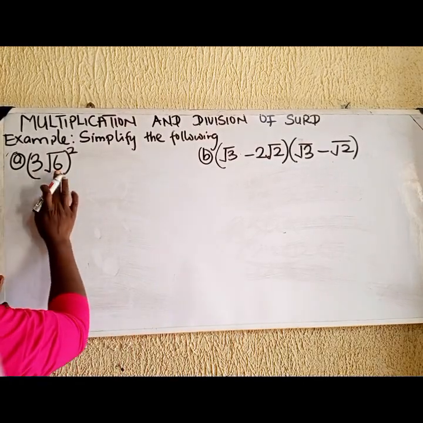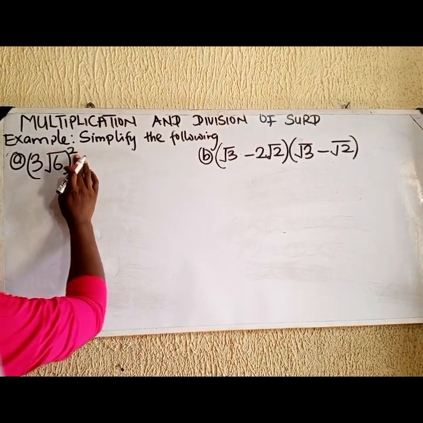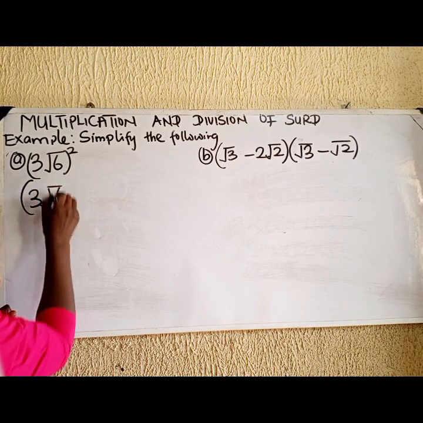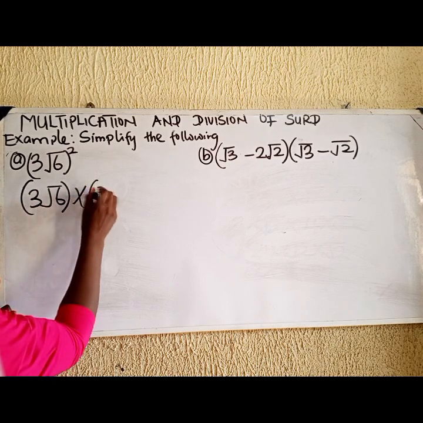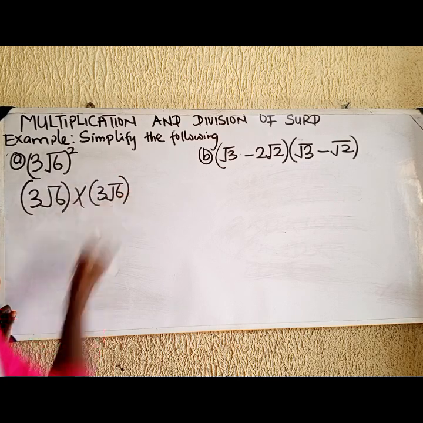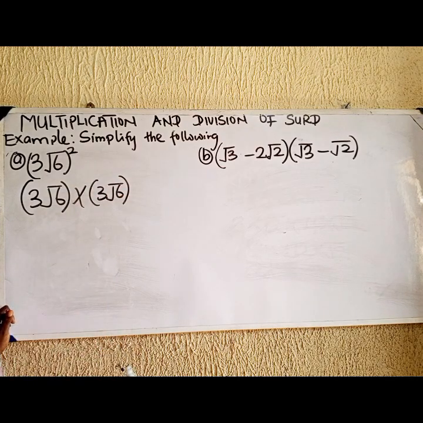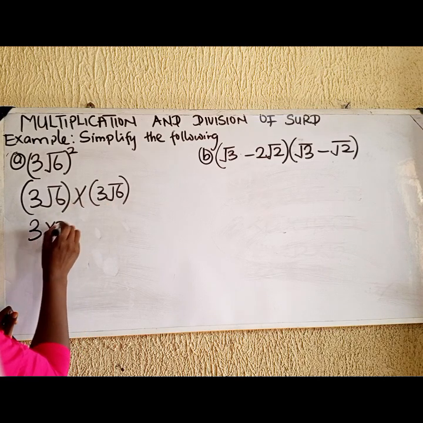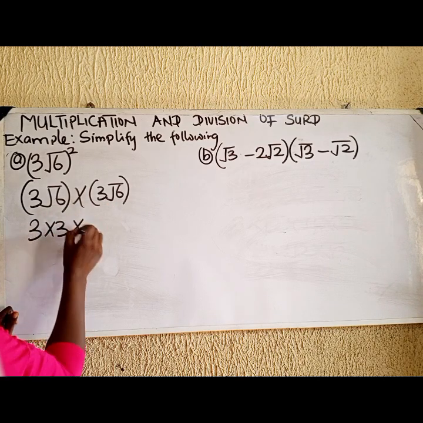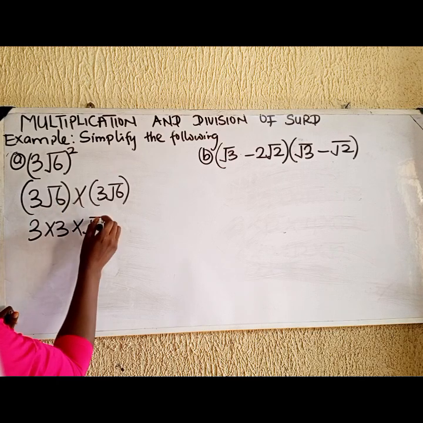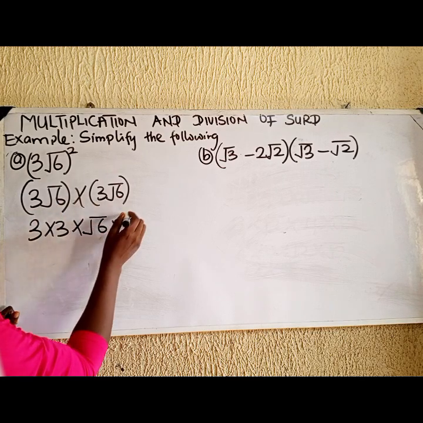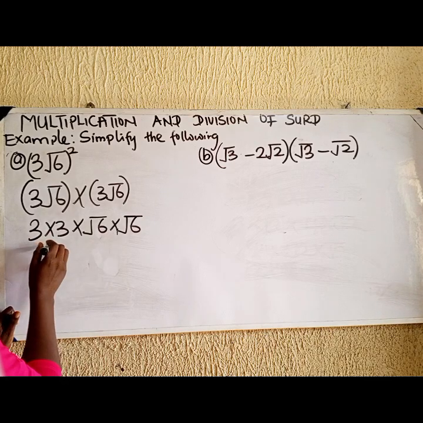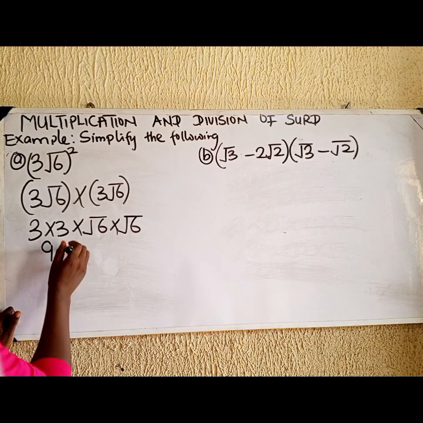So this is 3 root 6 all squared. This is the same thing as 3 root 6 times 3 root 6. So we multiply. This will multiply this. So I have 3 times 3 times root 6 times root 6. 3 times 3 will give me 9.